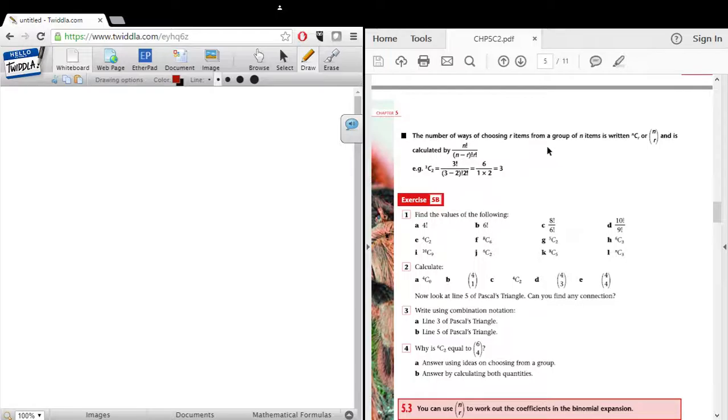So the way that you read the following formula is: the number of ways of choosing r items from a group of n items is represented as nCr.